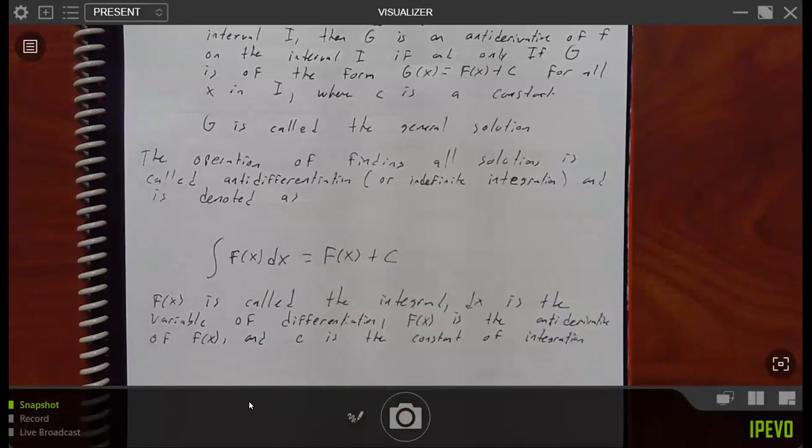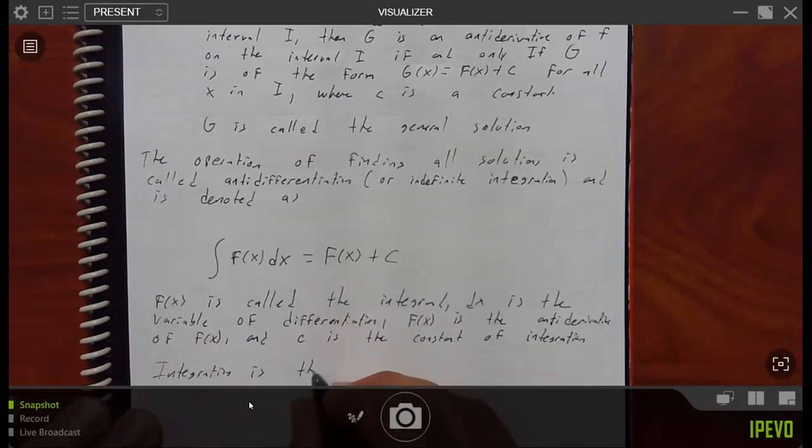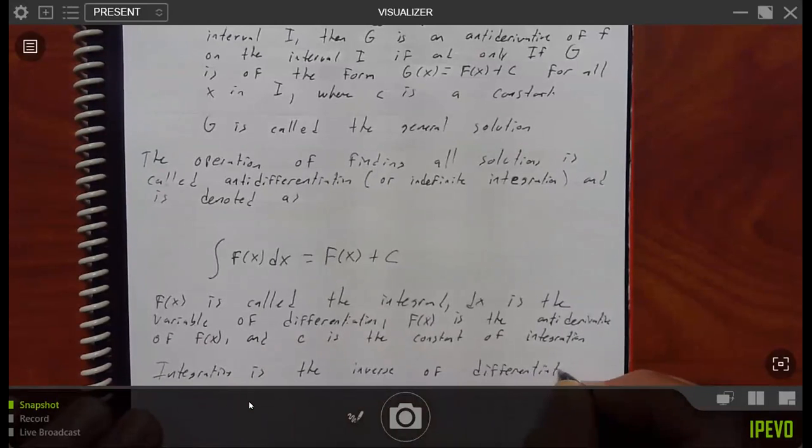Basically, integration is the inverse of differentiation. They undo each other.